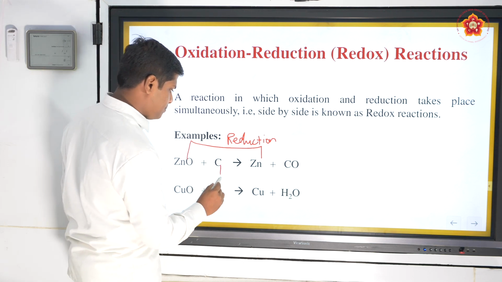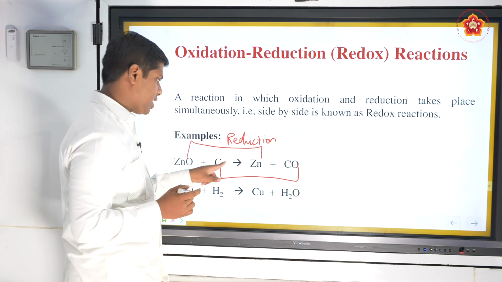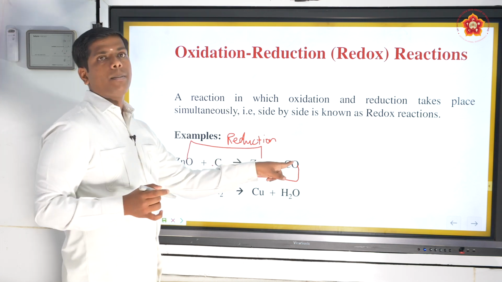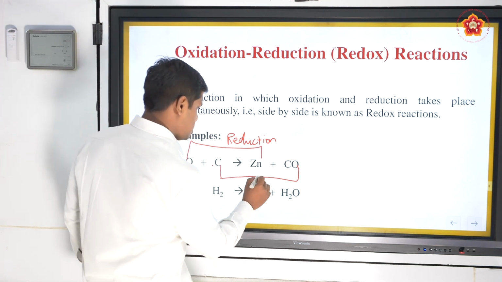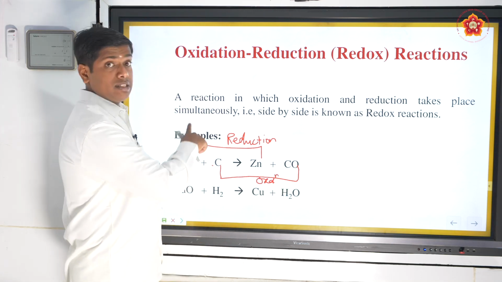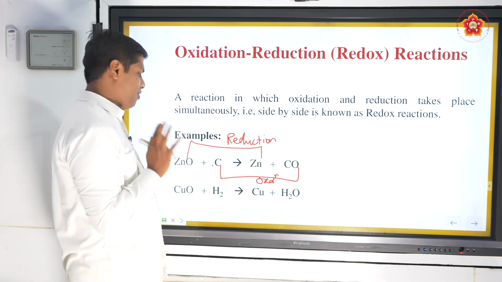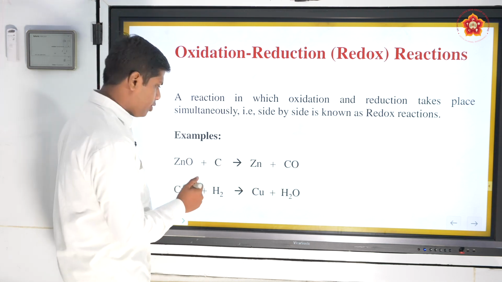Then what is this? Addition of oxygen means oxidation. Carbon is oxidized to carbon monoxide, that is oxidation. Reduction means removal of oxygen. Oxidation means addition of oxygen. One more example. What is this?